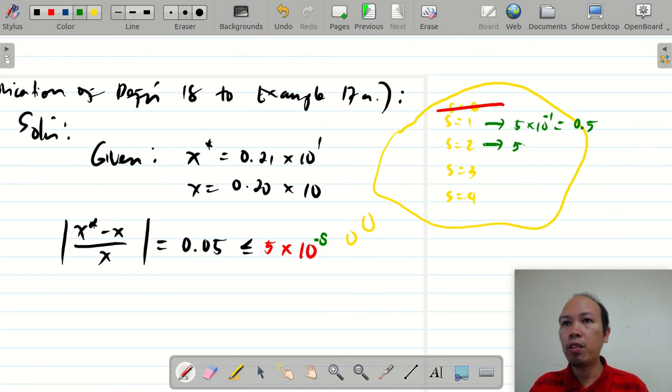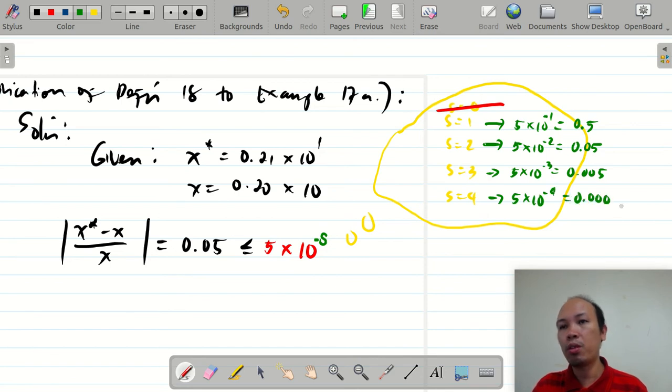5 times 10 to the negative 2, so that should be 0.05. Okay, so let's complete this one here. 5 times 10 to the negative 3 is 0.005. 5 times 10 to the negative 4 is 0.0005.